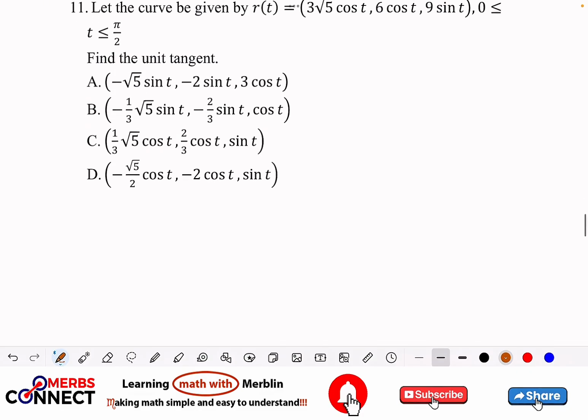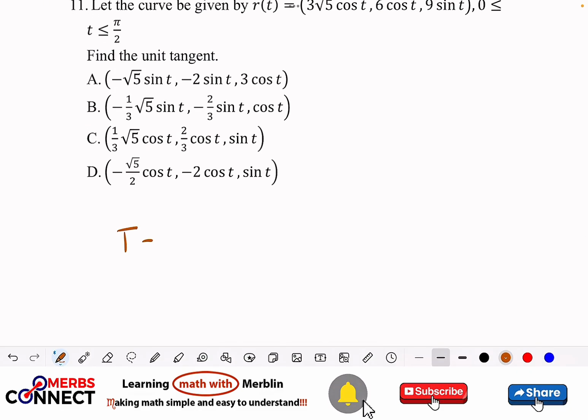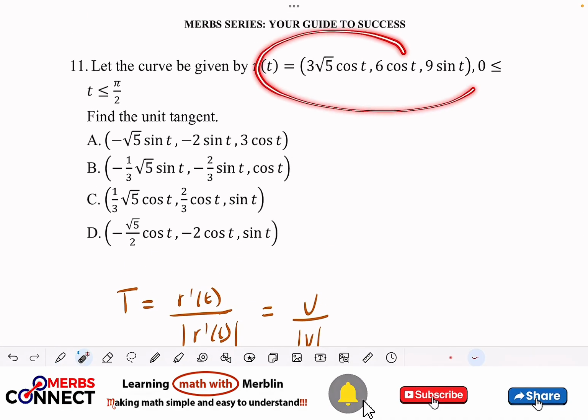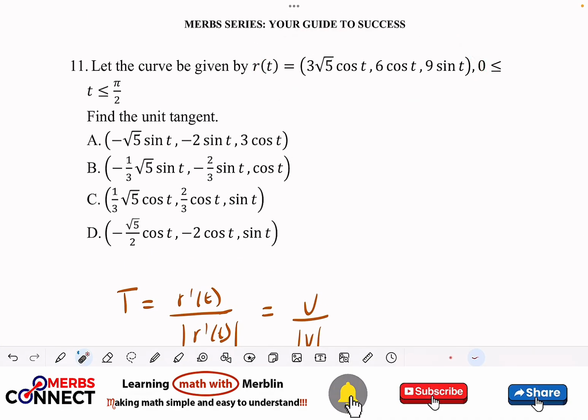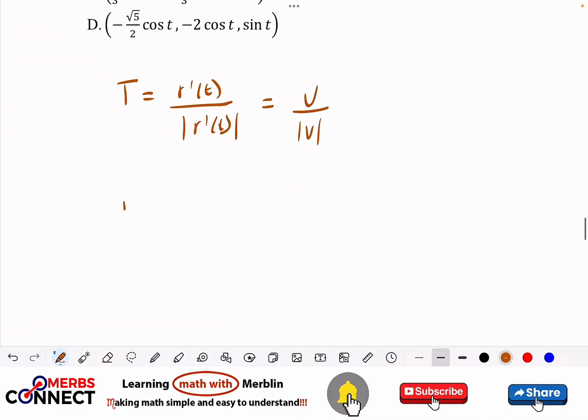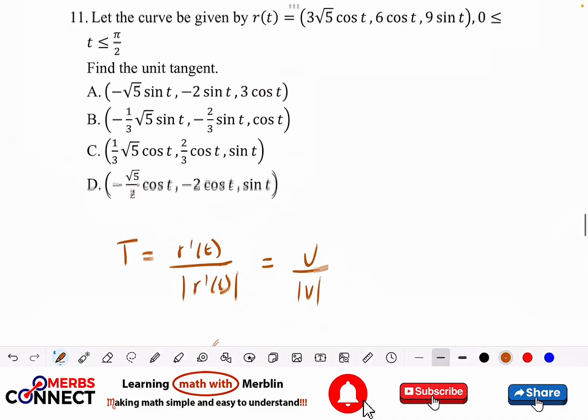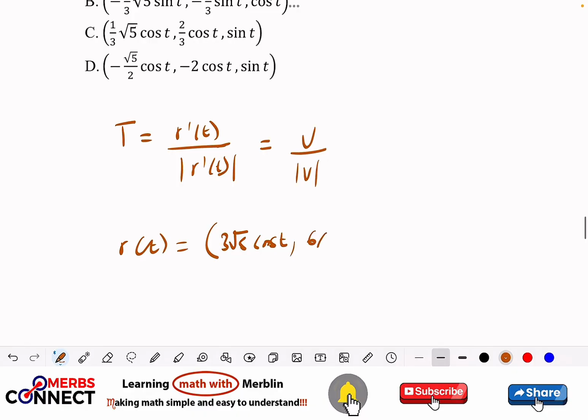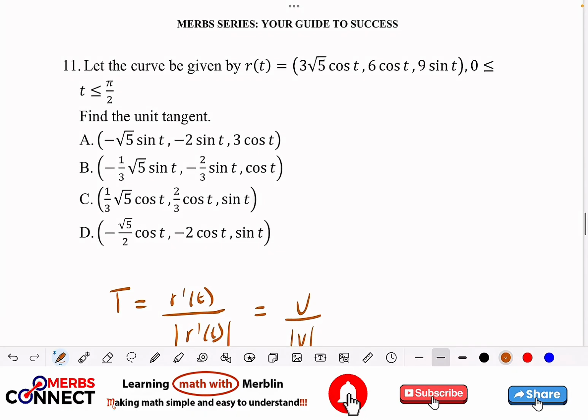So let's do that. So we know that the unit tangent is equal to r prime of t divided by the magnitude of r prime of t, which is the same as the velocity divided by the velocity magnitude. So we have our r here. Let's look for r prime, and then we just do the rest of the work. So r of t is equal to 3 cos of t, and then we have 6 cos of t, we have 9 sine of t.